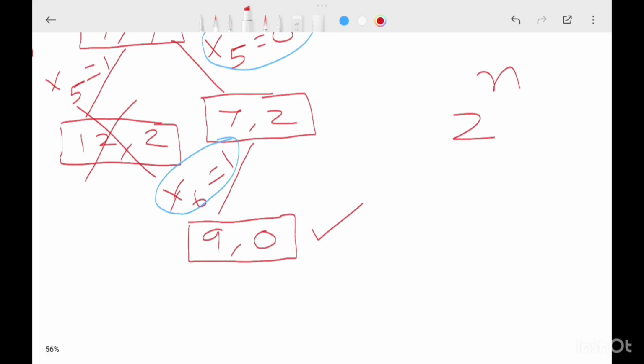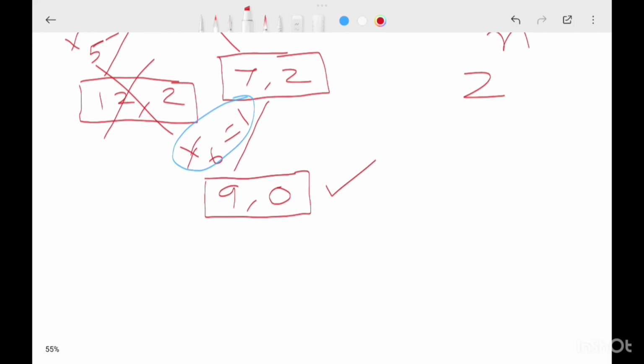That means we stop some combinations, we avoid some combinations. So we can reduce the number of combinations to be checked to find all the possible solutions. So this is about the sum of subset problem.